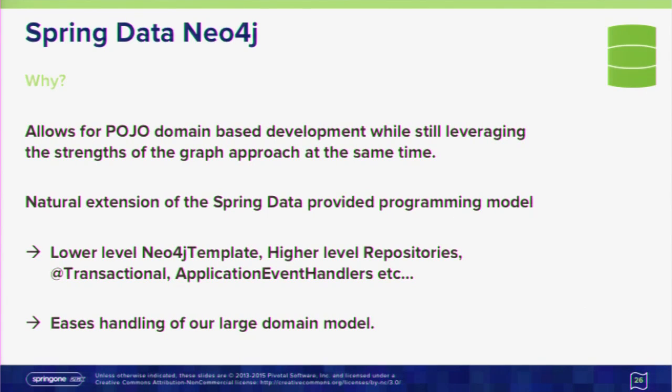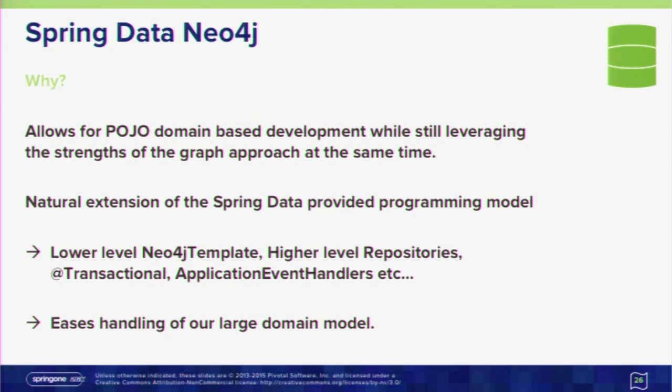They come in handy, for example, if you have auditing needs, or if you need to create your UUIDs, or your date-last-modified needs. You have that after- or before-save event, and you can leverage those. So this all comes into your application, and that greatly reduces the hassle that you have with your data persistence layer.